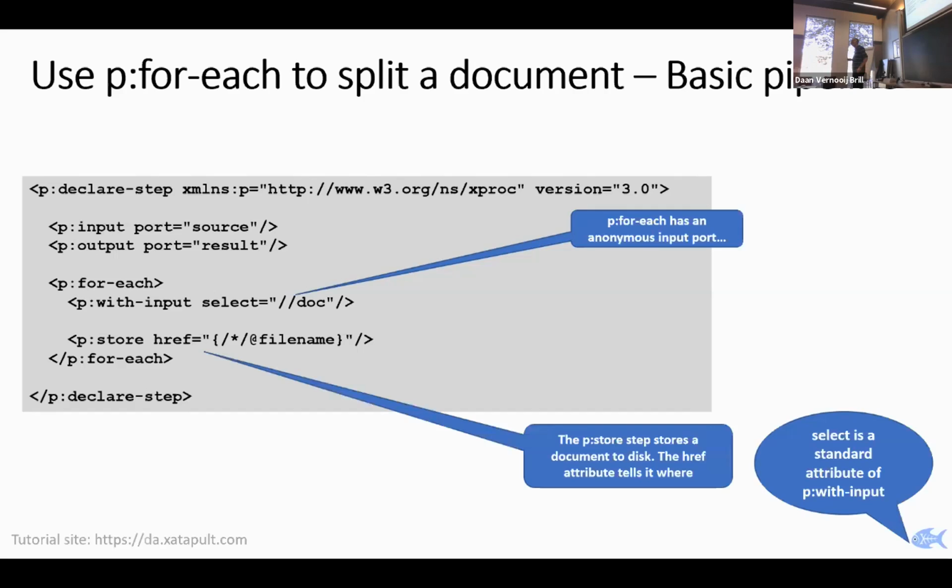And then we're going to use one of the other standard steps of XProc, which is the p:store, which, no surprise, stores your document to disk. And the name under which it does is in its href option, and it says, okay, please use the file name of the doc element we've just split out.